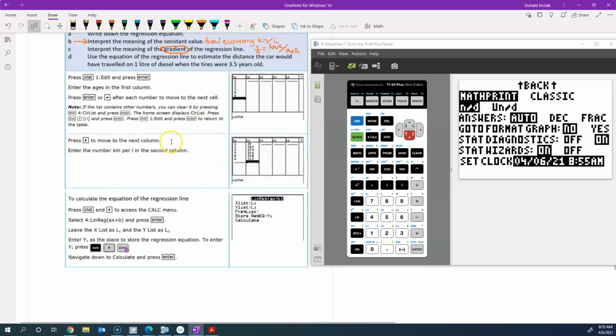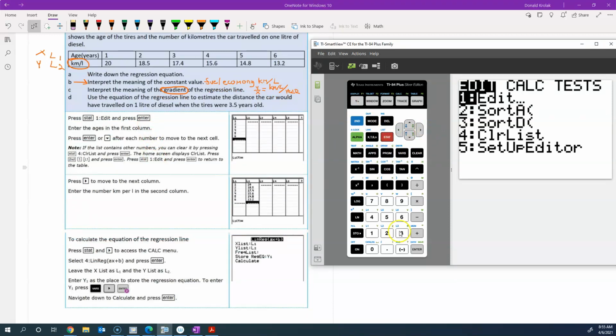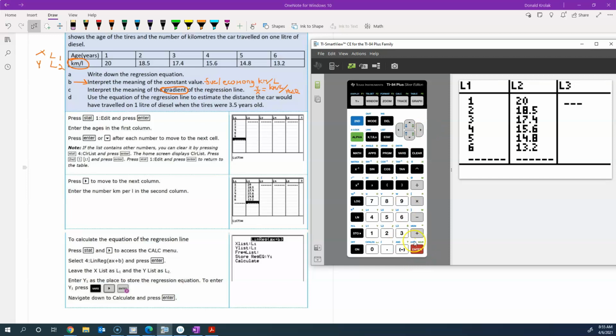Okay, now back to this. All right, so first thing is put those in L1 and L2. So clear out those lists. Clear.